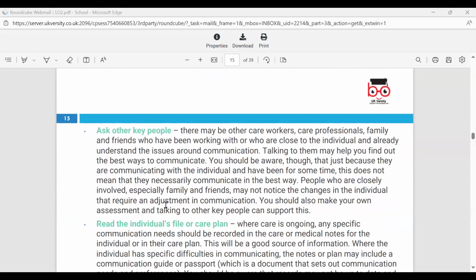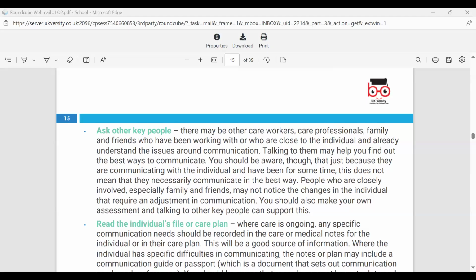Also, ask other people. You can ask their family and friends, any carers, anyone that's working with them or looking after them. They may give you an insight into how the person prefers to be communicated to, and how they prefer to be communicated to through the different changes in their life.